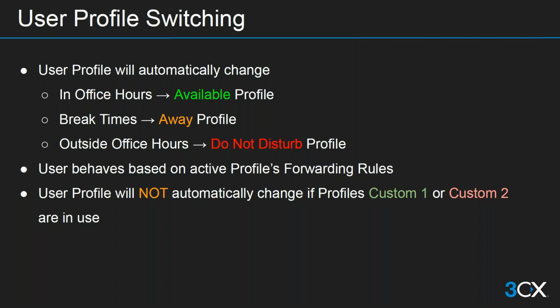User will not automatically change if profiles custom 1 or custom 2 are in use, or if there is no auto switch enabled, because we tell the phone system that this user should not automatically switch the profile.